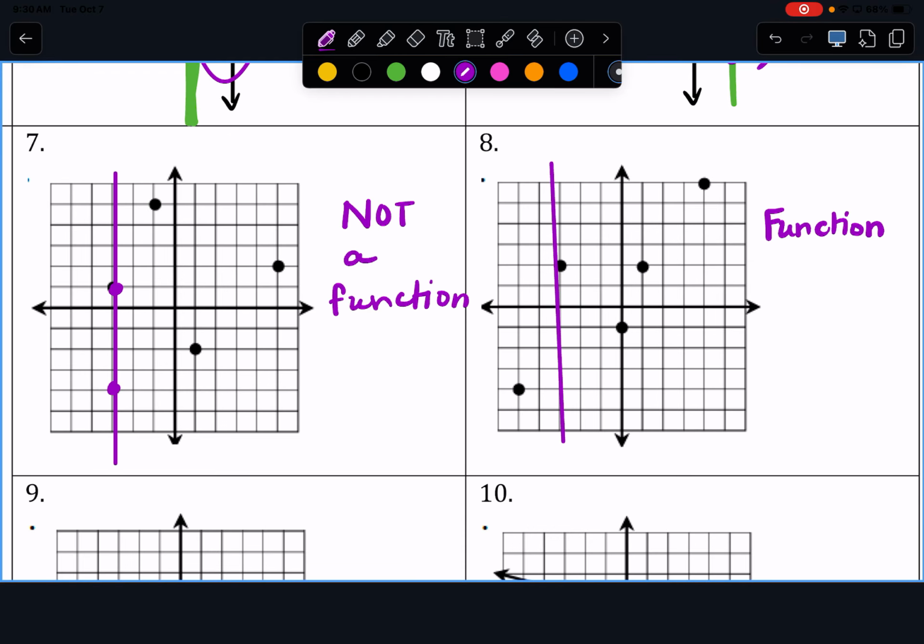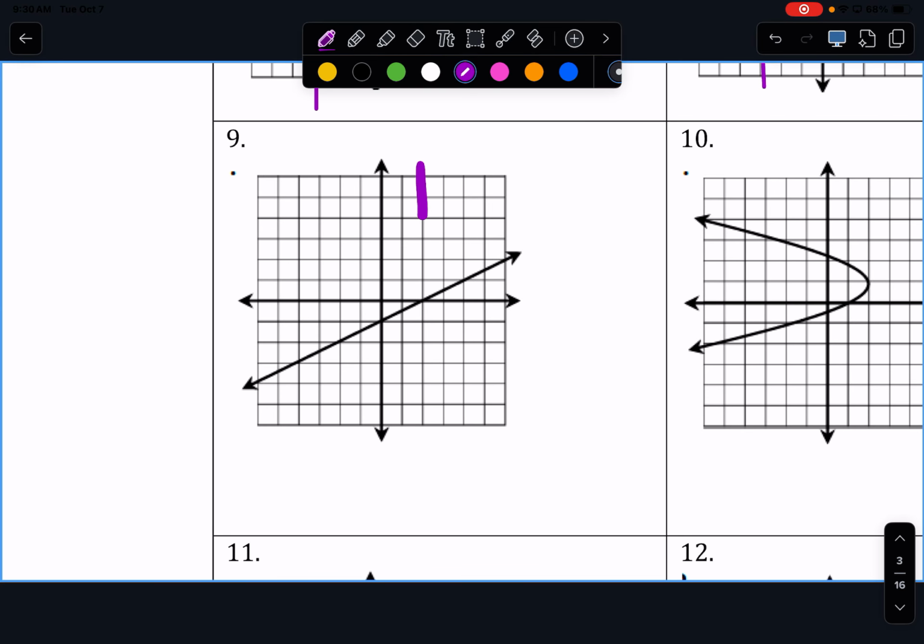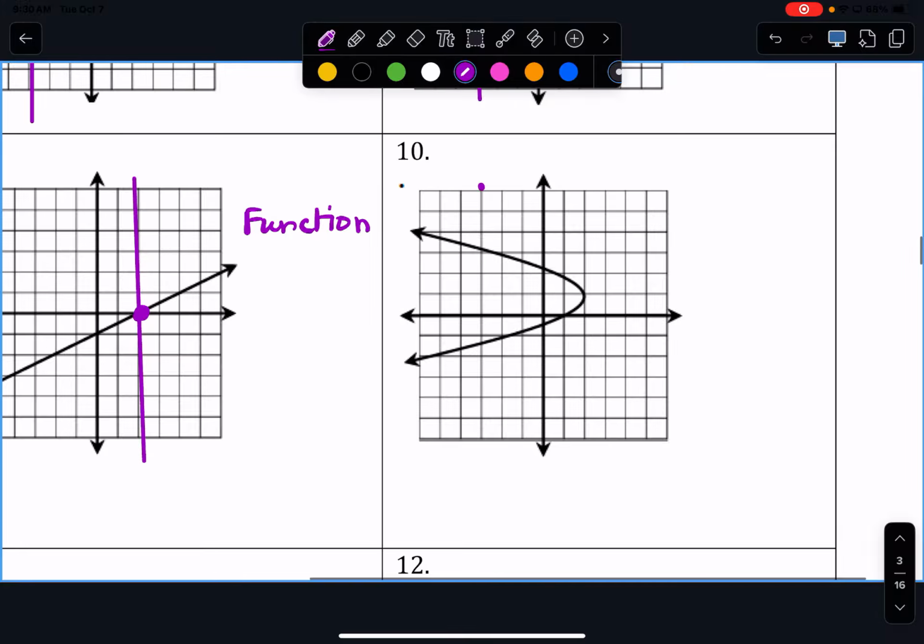All right, for number 9, it is a function, because it does not matter, it will always intersect one time. Okay, for number 10, how many times does a vertical line intersect this graph? Twice, so it makes it not a function.